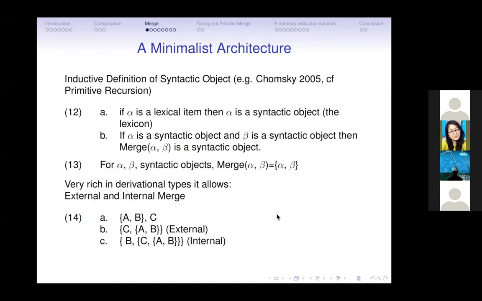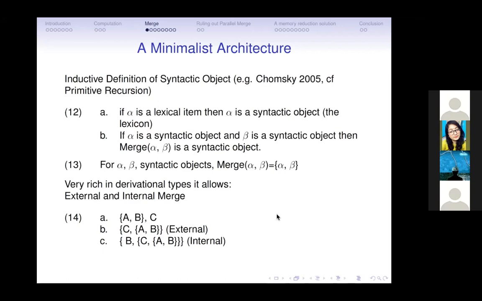It's a thing, okay? And if alpha is a syntactic object and beta is a syntactic object, then the merge of these two is also a syntactic object. And you can see how that allows you to compose the input to merge with its output. So then you've got two syntactic objects.